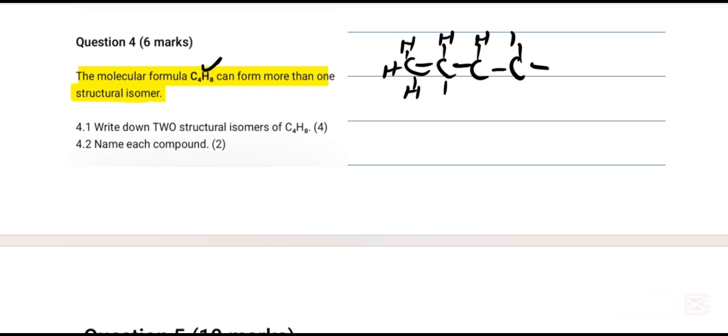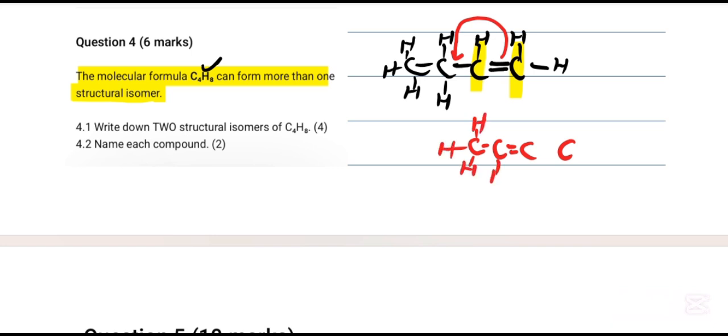The hydrogen atoms are complete here, but the bonds for this carbon and this carbon are not complete. So we can form a what here? A double bond. That is the first structural formula of this one. So we can take the functional group from carbon 1 to carbon 2, which means 1, 2, 3, 4, and the double bond is here. So we have drawn the 2 structures of this compound.